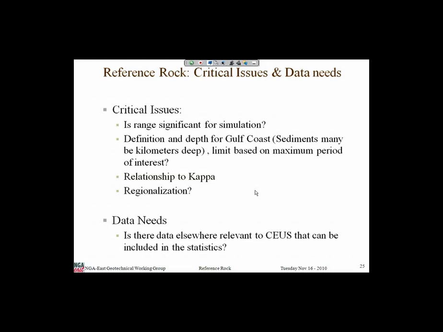One thing that has to be pointed out is that any of these velocities deeper than about 100 meters are inferred shear wave velocities. They're not measured, so they shouldn't be treated the same way statistically as measured values. I think it's more reasonable to have one rock velocity, one Kappa value.